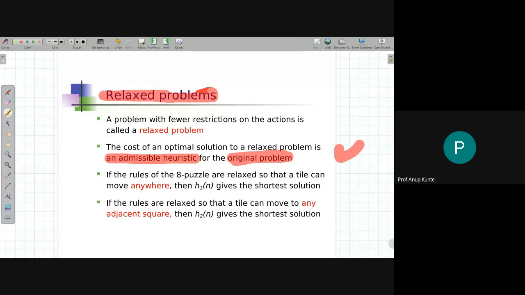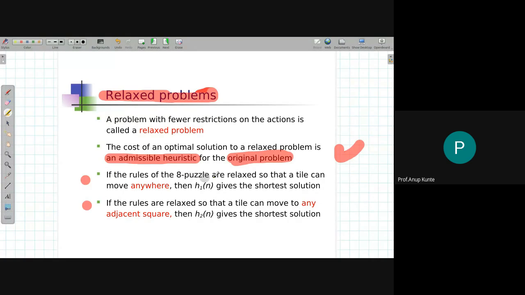Okay, this is not any theorem, this is not anything which can be proved very easily or intuitively, but people have actually experimented a lot, like the one that we saw earlier, and with this knowledge they have actually gained this understanding that if I solve an easy version of the same problem, that is a relaxed version of the same problem, then the heuristic that I use for solving that problem can also be an admissible heuristic for the original problem.